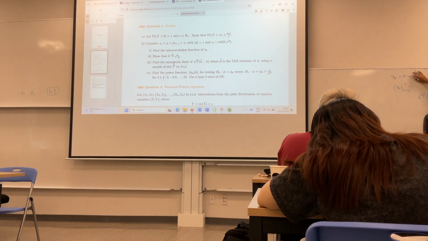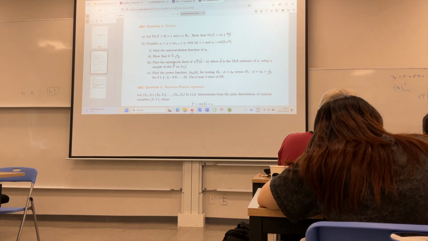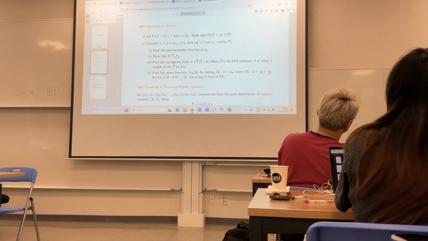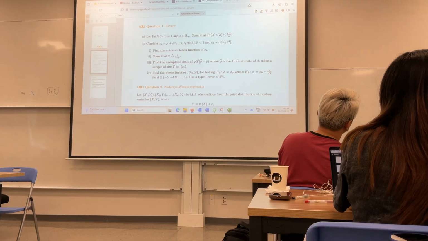If phi is 0, then there is no correlation, and x_t will be a simple shock. That means the estimator will be normal with variance 1.